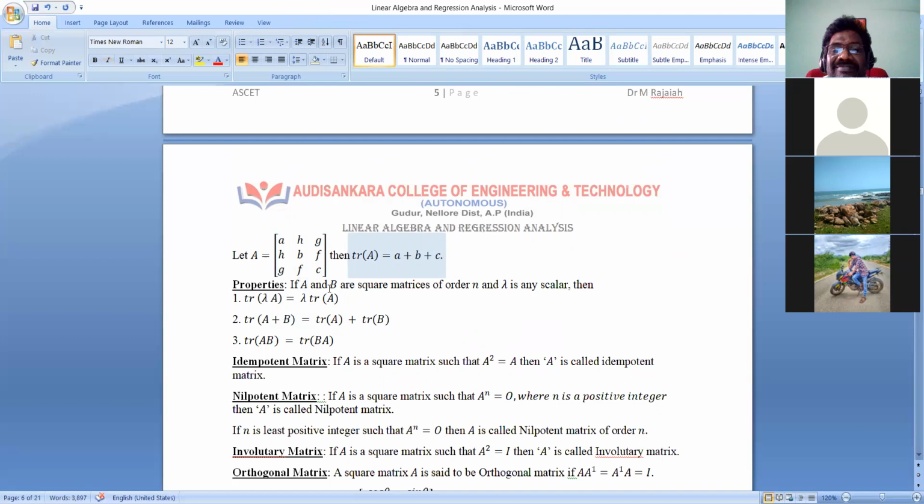If A and B are square matrices of order n and lambda is any scalar, then trace of lambda A equals lambda into trace of A. Trace of A plus B equals trace of A plus trace of B. Trace of AB equals trace of BA, if AB and BA exist.